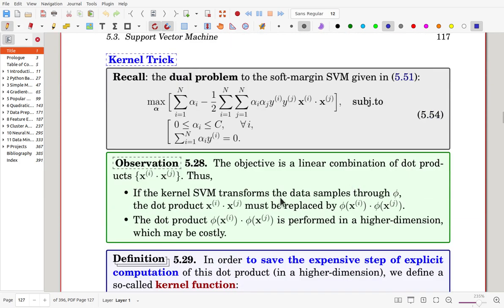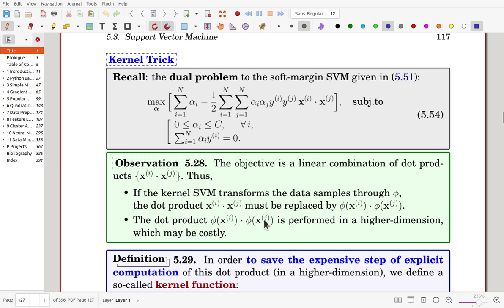And now we'll see the dual problem. Recall the dual problem to the soft margin SVM. Here we have an observation: the objective is a linear combination of dot products xi dot xj. So if the kernel SVM transforms the data samples through the expansion function phi, then the dot product xi dot xj must be replaced by phi(xi) dot phi(xj).